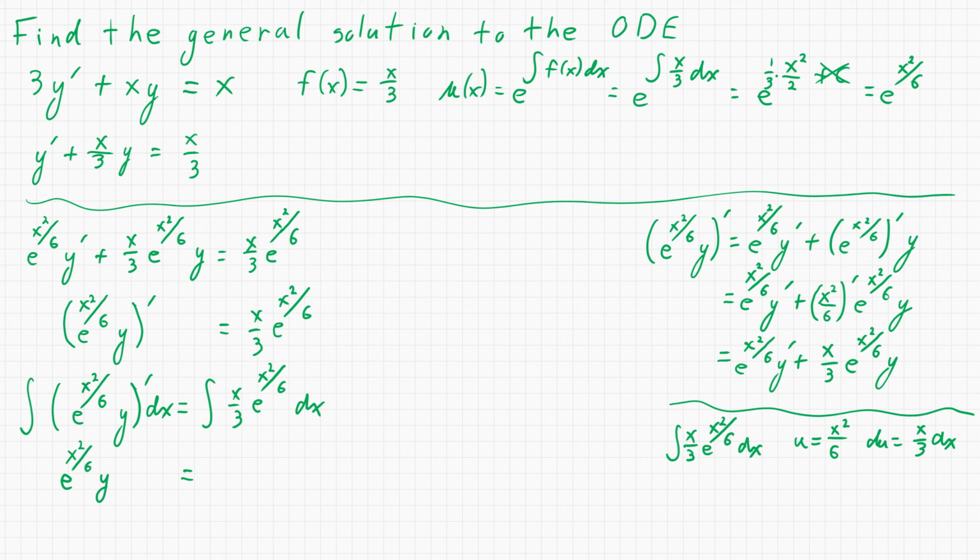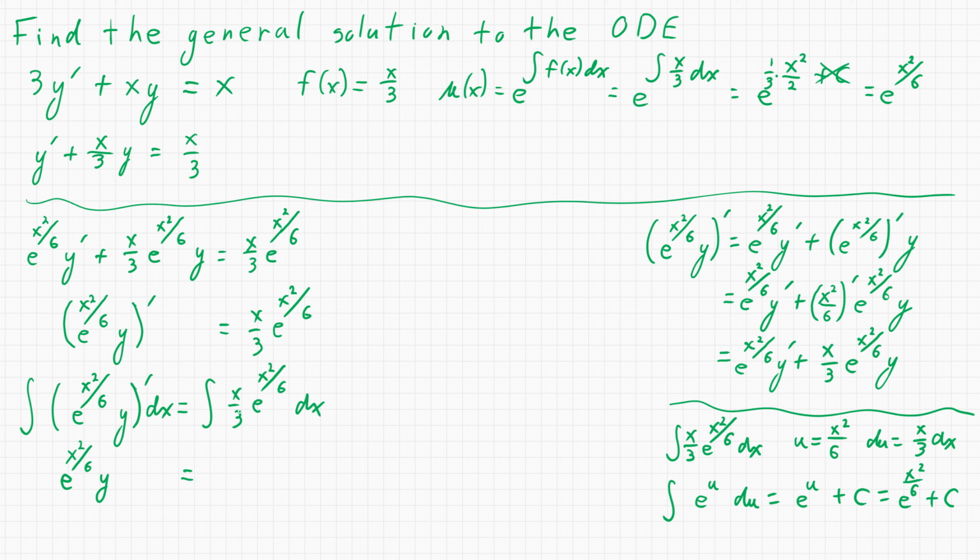And we actually have that in here, so we can lump together the x over 3 and the dx, so that's just du. And then we said u was x squared over 6, so it's really just e to the u. So the integral is e to the u plus c, which, if we replace the u again, is e to the x squared over 6 plus c.